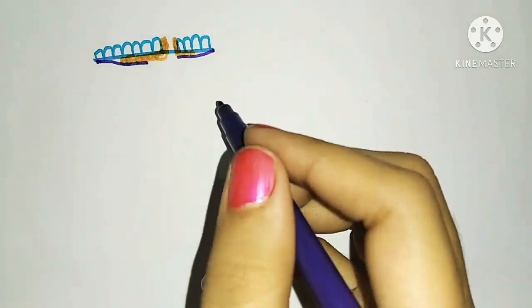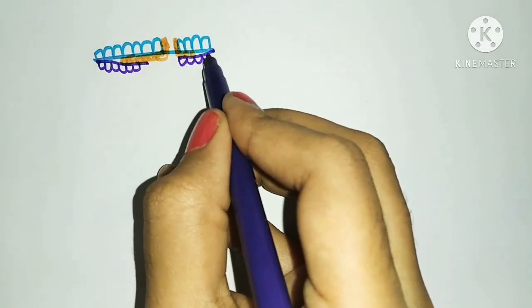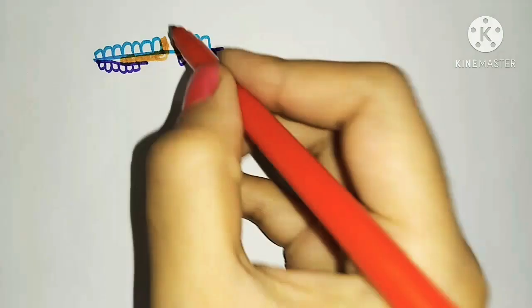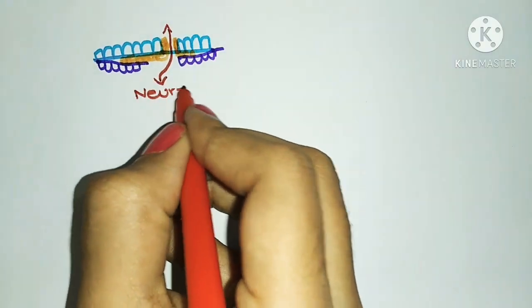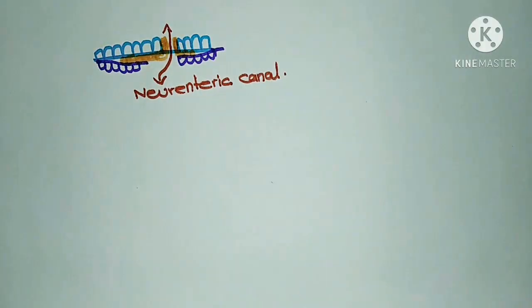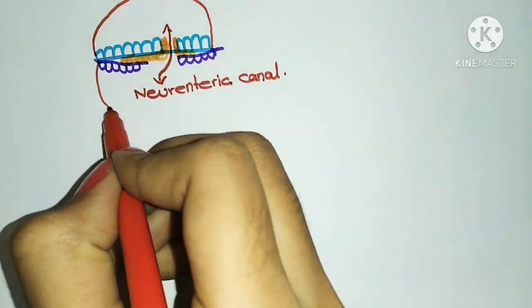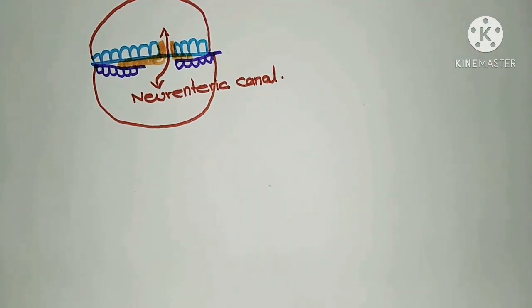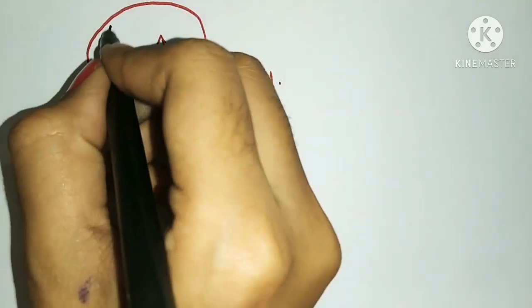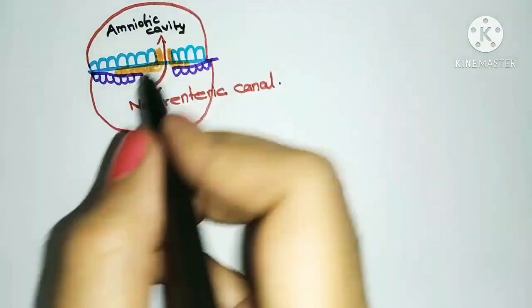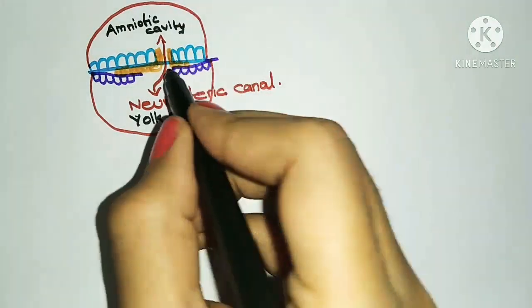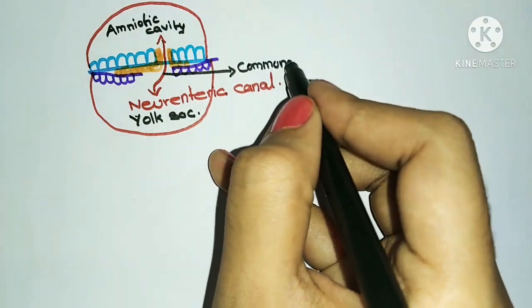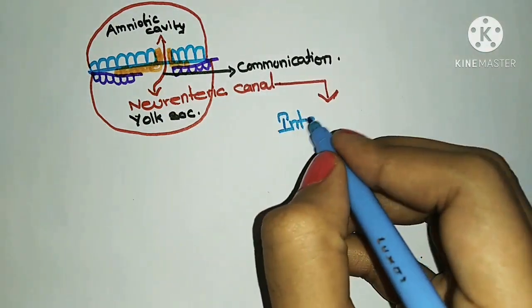Now let us see the formation of the neuroenteric canal. It will be formed by the degenerating endoderm and floor of the notochordal canal, which will form a communication between the amniotic cavity and the yolk sac, which will help to get the nutrition for further development of the embryo.